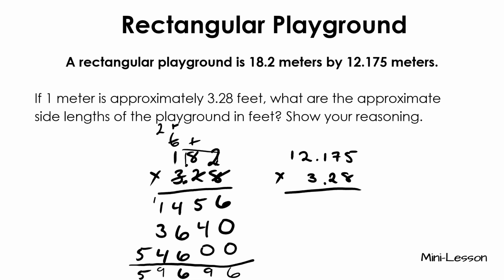This one has 2 here and 2 here. So 2 plus 2, 4 spaces. And we have 1, 2, 3, 4.